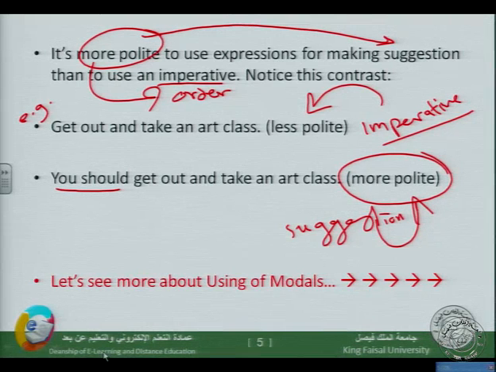We are not in the military to order someone to do something. You should suggest that. فمن الأفضل أن تقترح أكثر من أن تأمر.